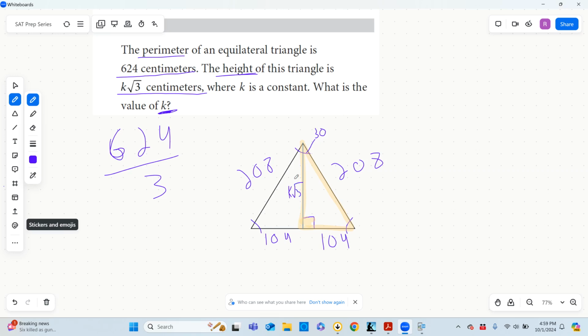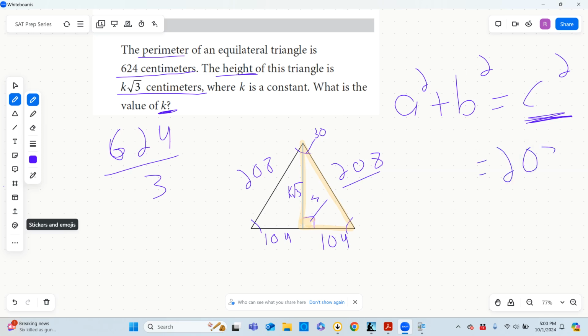If they want us to solve for k, we can do that because this smaller triangle in here has a 90-degree angle, so it is a right triangle and it is subject to the Pythagorean theorem, which is a squared plus b squared equals c squared, where c represents the hypotenuse side. The hypotenuse side is always across from the 90-degree angle. So my hypotenuse has got to be 208 centimeters, right? So I'm going to plug that in for c squared.